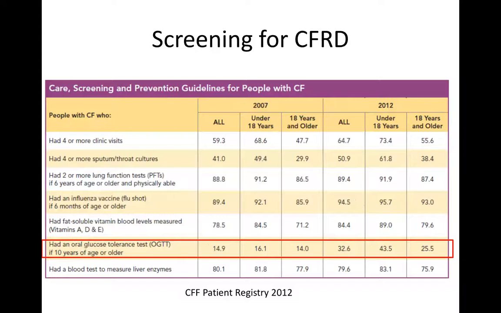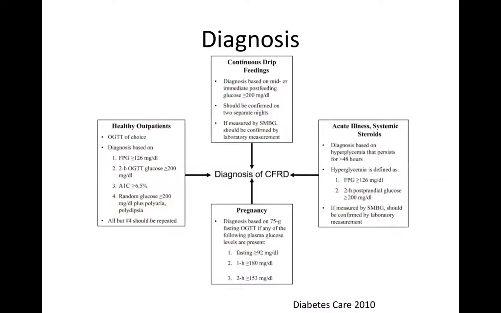I think the last time I saw our stats, it was getting up to 67 to 80%, depending on where people were getting it done. Largely the missed oral glucose tolerance tests were because of difficulty getting people to go do it. So I'm trying to make a big push for people to go get their tests done so that we can treat you and preserve your lung functions.